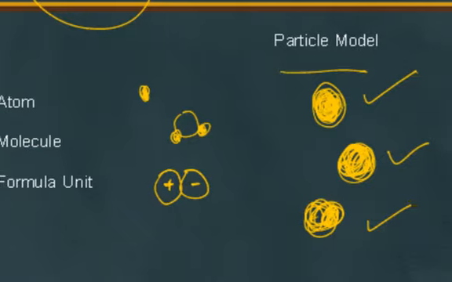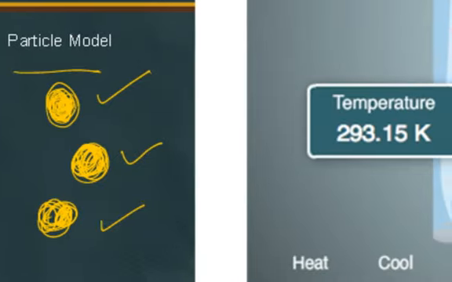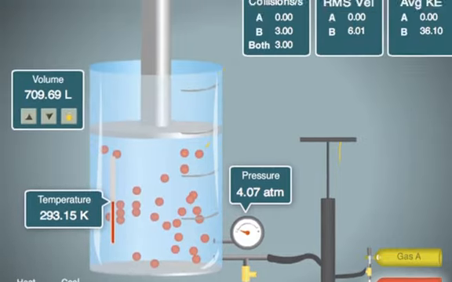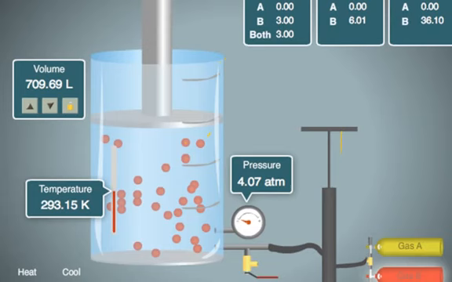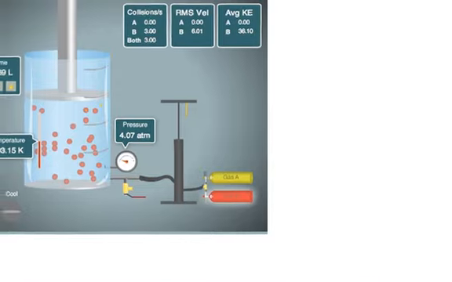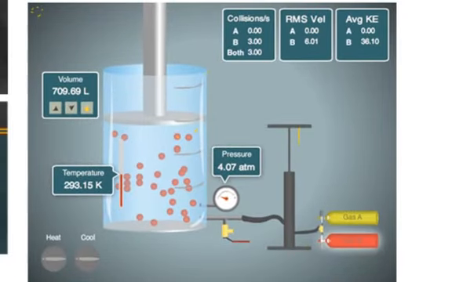So let's take a look at the simulator that we're going to be using in this class. There's a lot going on in this particular picture of this simulator. Let me make it a little smaller here if I can. There we go. In this simulator, the red spheres inside this cylinder are our gas particles.